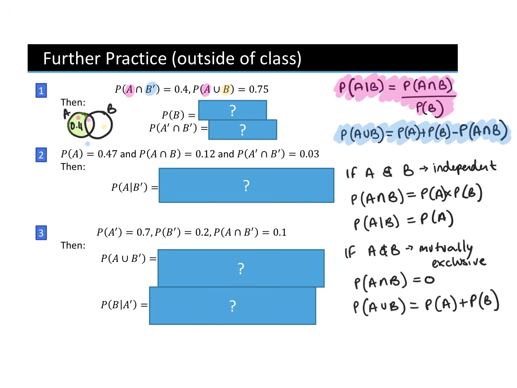So, let's get a different colour entirely now. Grey. And the union means wherever I've done it. So it means the whole thing, all of it, is 0.75. So the probability of B, it stands to reason, the probability of A union B minus the probability of A intersection B dash is going to be 0.35.